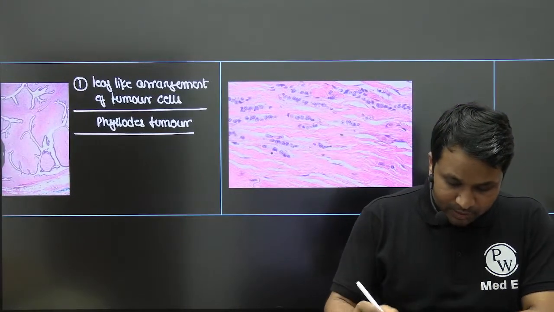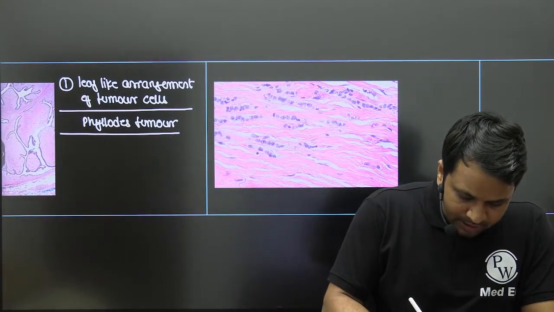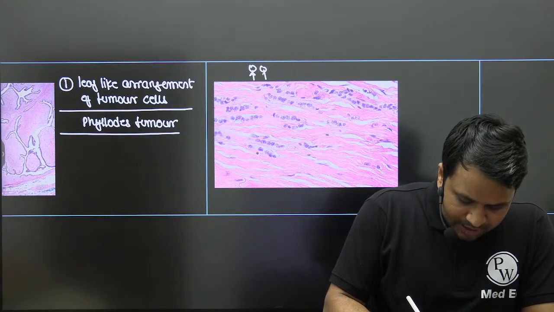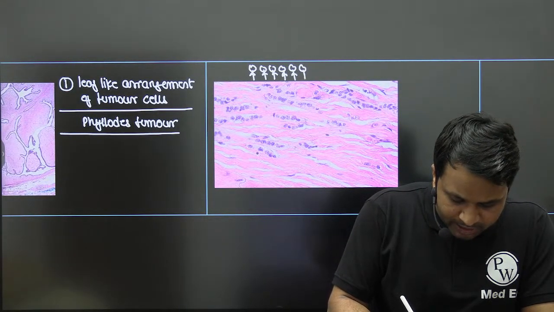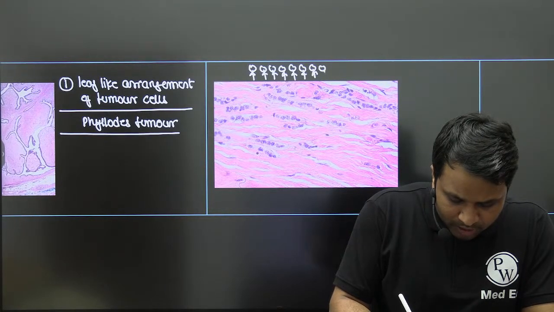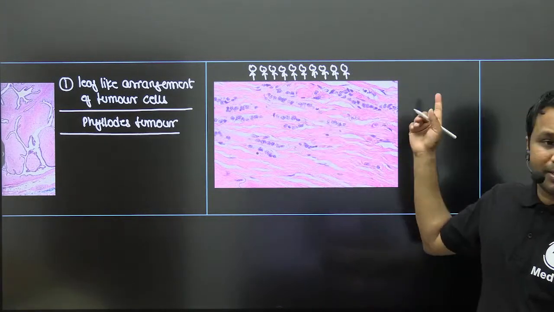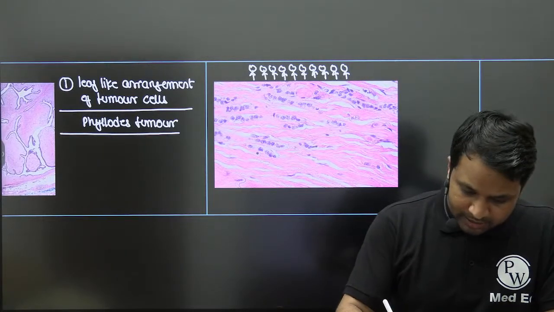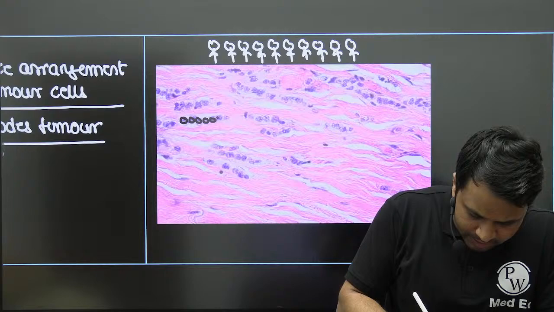Another finding that you see: the native Indians used to stand in line whenever there was a war, they used to form into a standard line and then stand. And this is what we call the Indian file appearance. So when you look at the slide here, you see all these cells, they appear to be in this particular line.